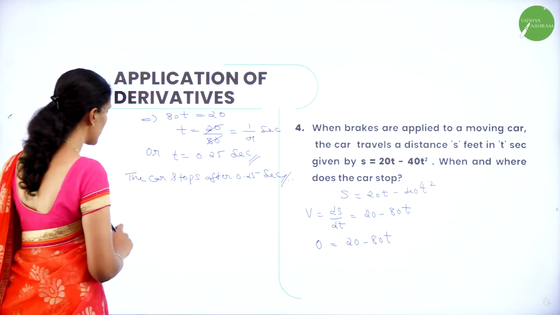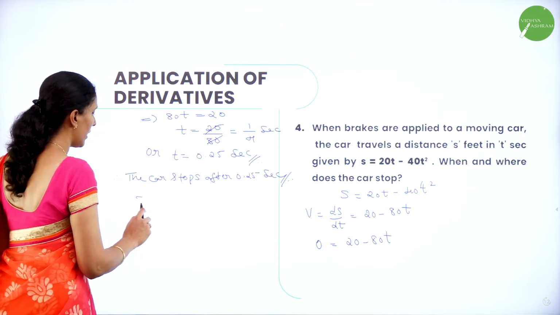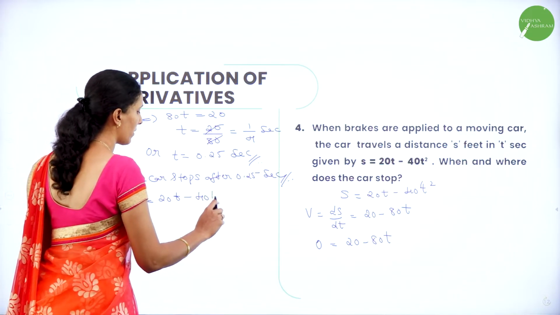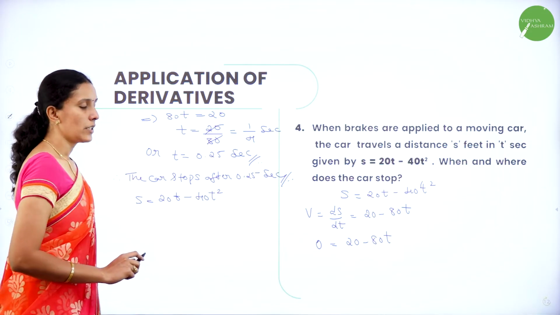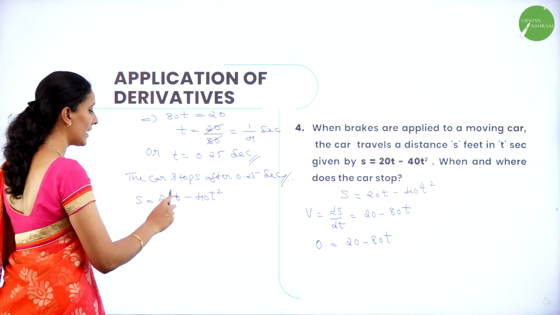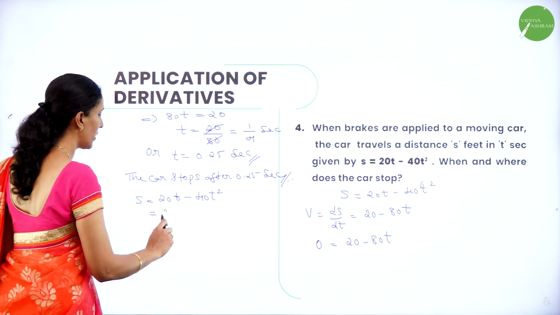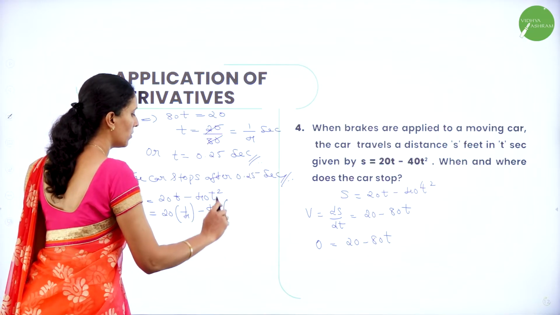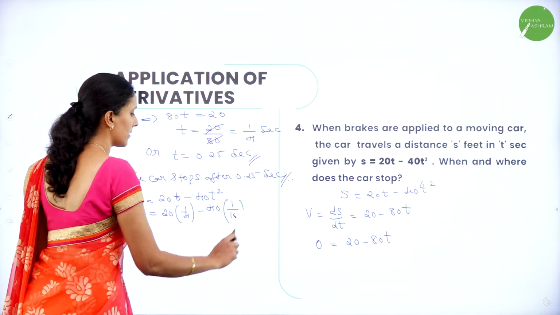Since we know the displacement, S is equal to 20t minus 40t square. So substitute t is equal to 0.25, or 1 by 4. So it is 20 into 1 by 4 minus 40 into 1 by 16.